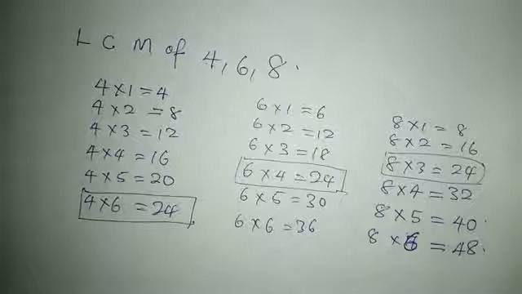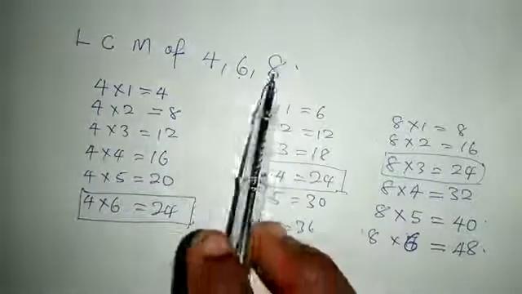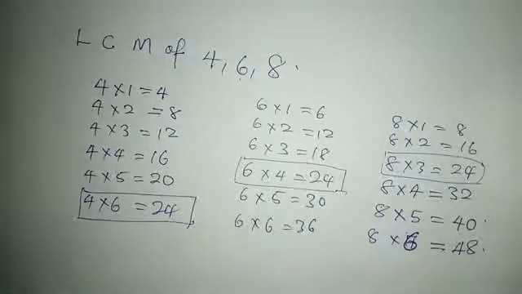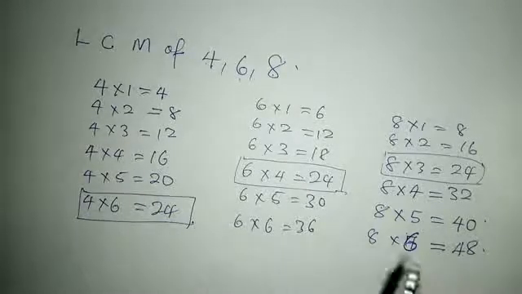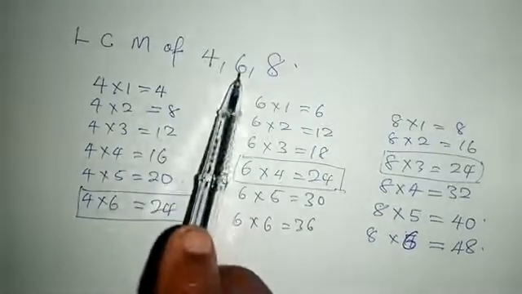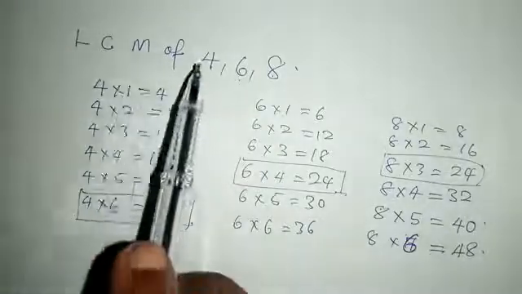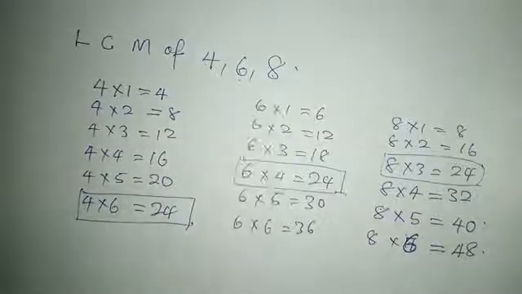In other words, very important: the reason why we look for this lowest common multiple is that we can find a number which 4 can divide, 6 can divide, and 8 can divide. I say this again, very important. That is why we need it. Such a number is called the lowest common multiple of 4, 6, and 8, if that number is the lowest amongst them all.